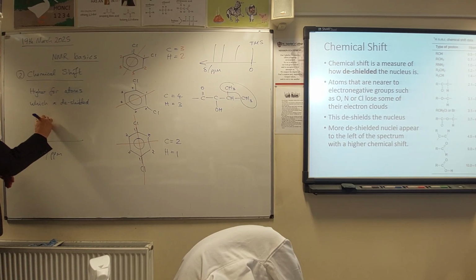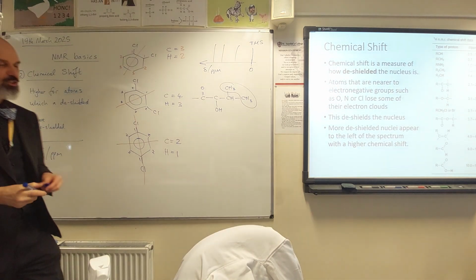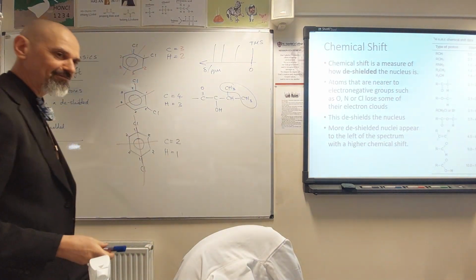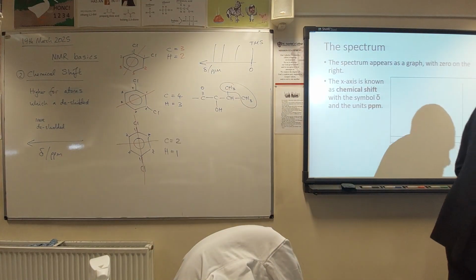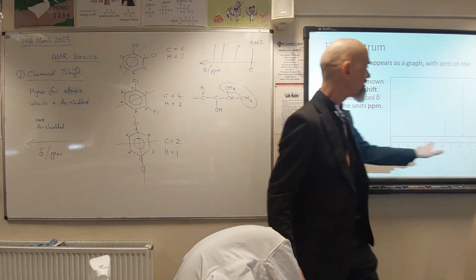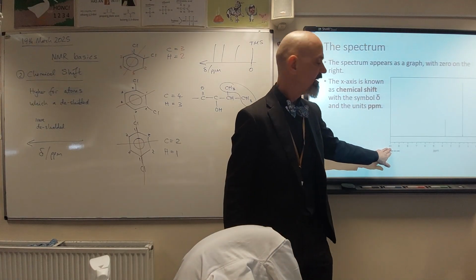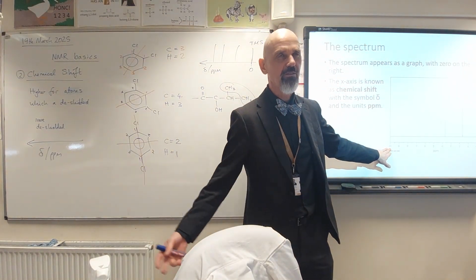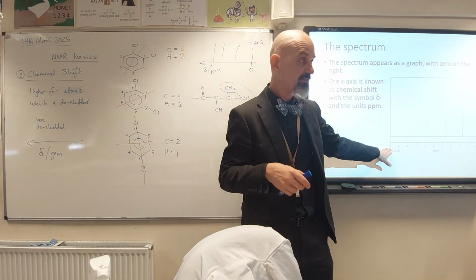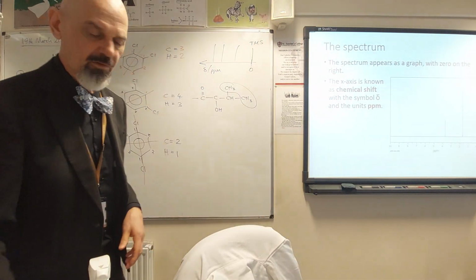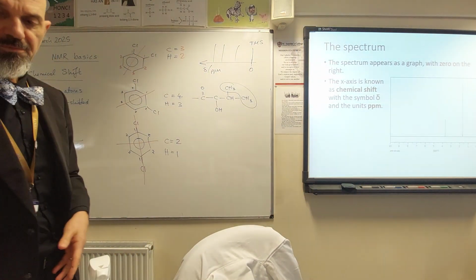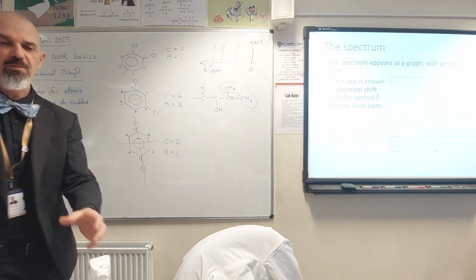So we're more de-shielded, or next to more electronegative groups, as we go to the left of the spectrum. Remember that the spectrum is organized with 0 on the right and the higher number, whatever it is, on the left. It's different for proton and carbon-13 NMR. Okay, so far so good.